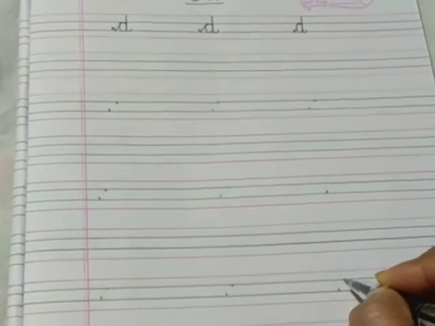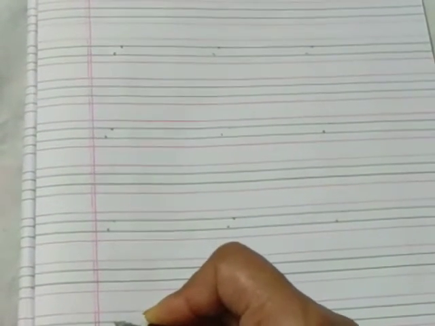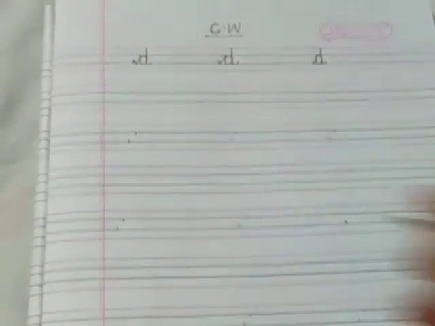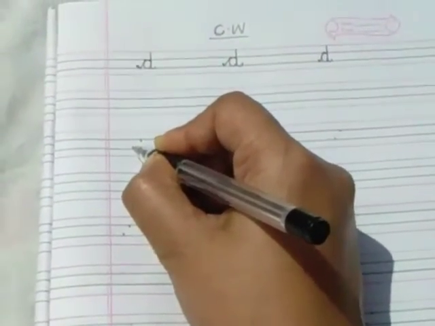See, it is not necessary to put the dots before writing, but when you practice on dots, it comes perfectly. Okay, so which letter I am going to write here? I am going to write letter D in cursive. Okay, so let us write.